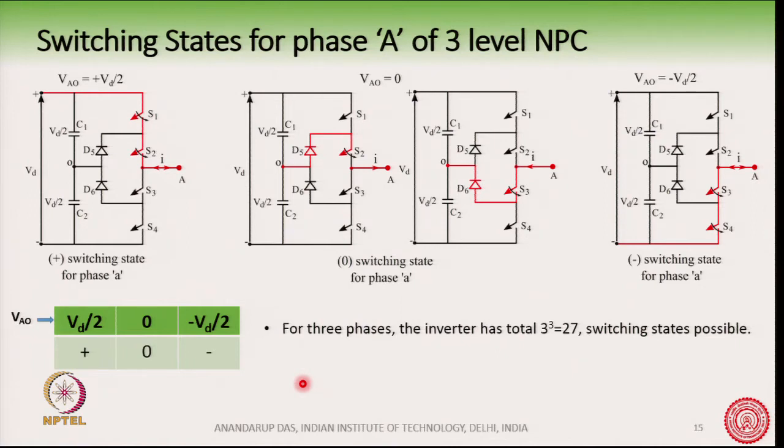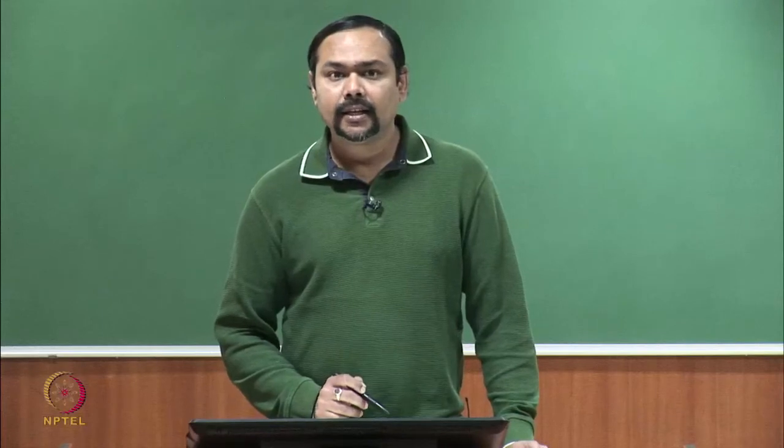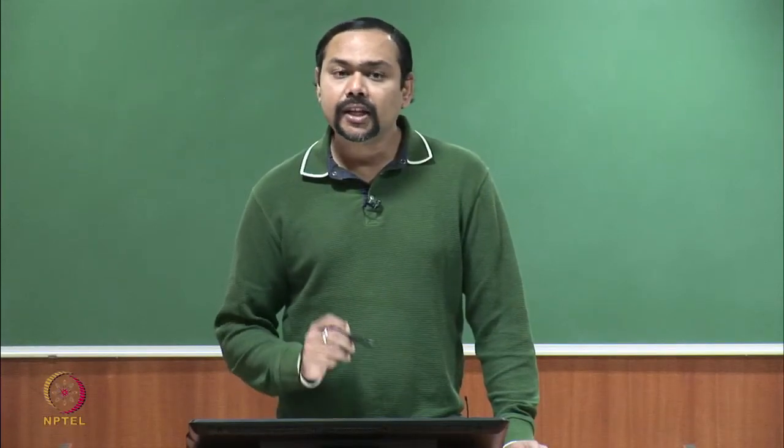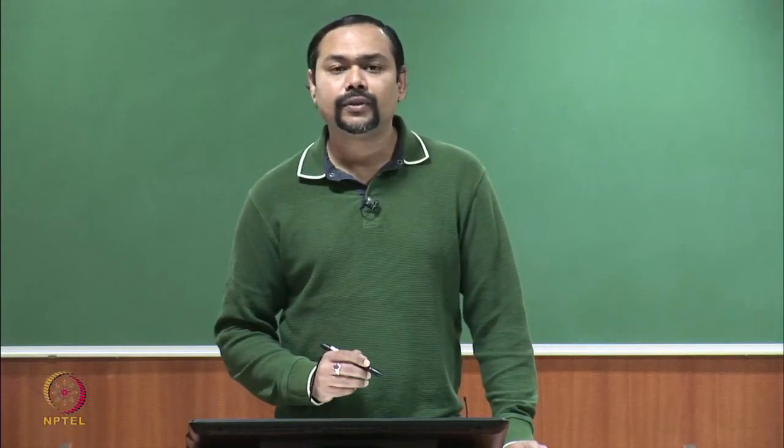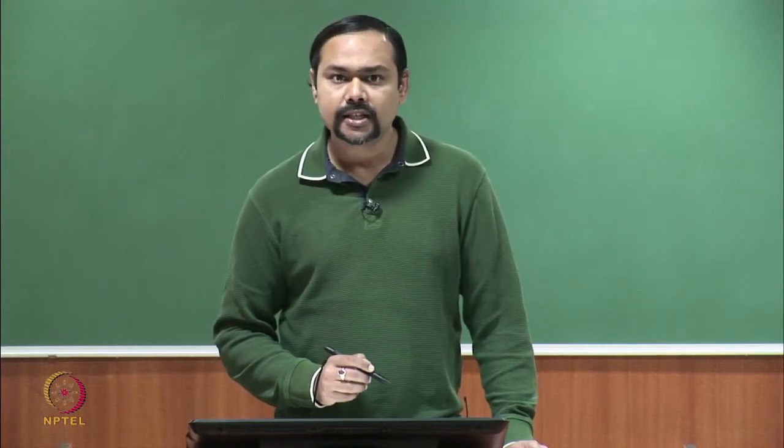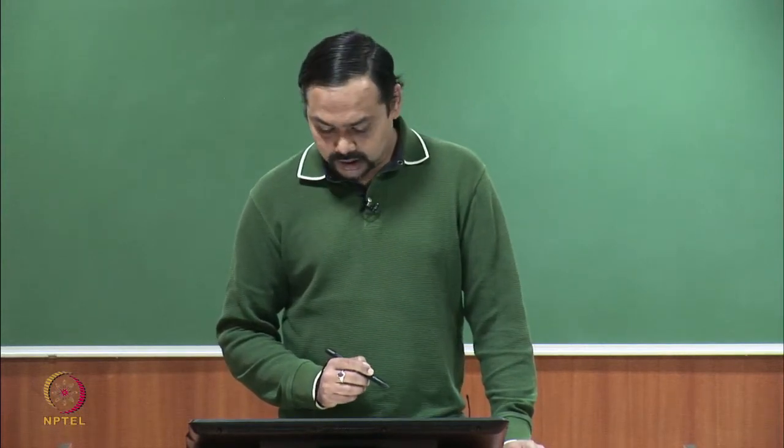We have already covered these directions of current which flow when the different types of switching states are used. Now, this means that in phase A we have 3 levels of voltage possible.